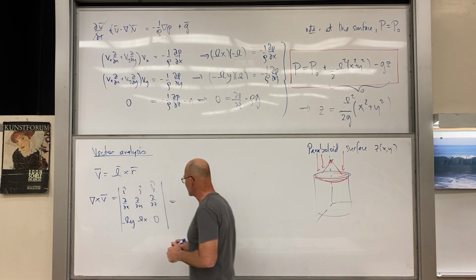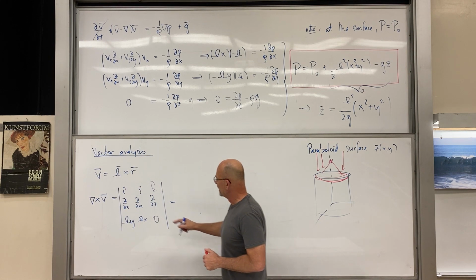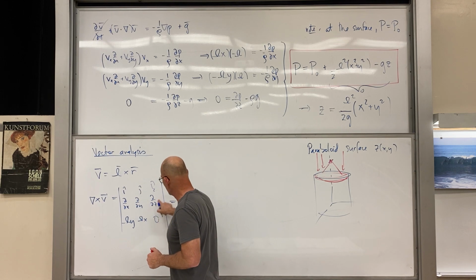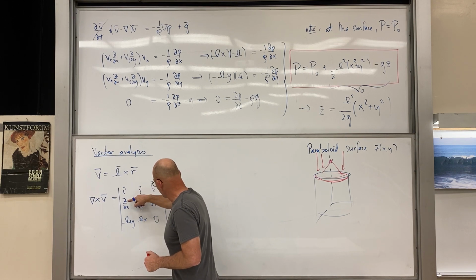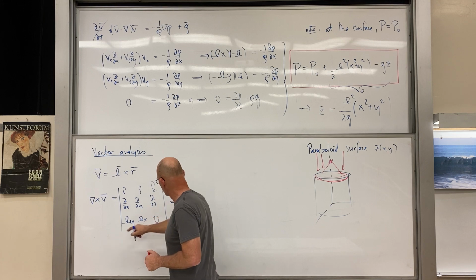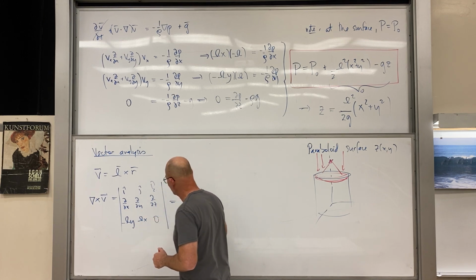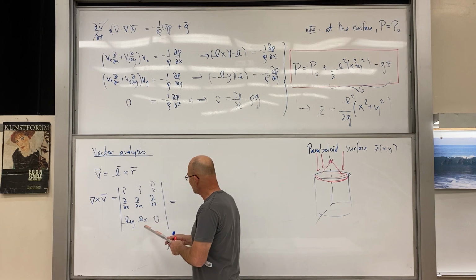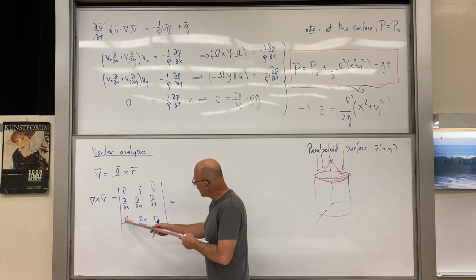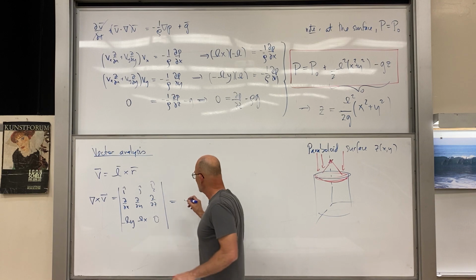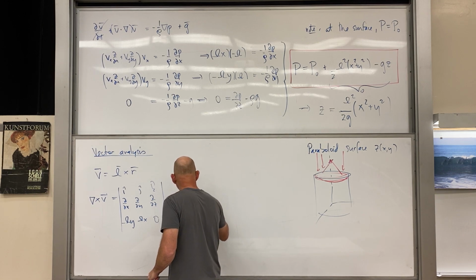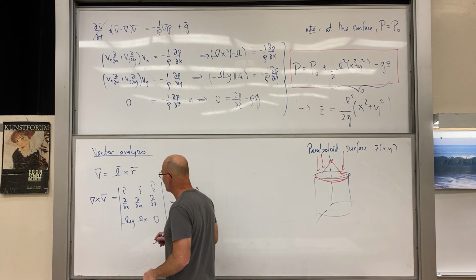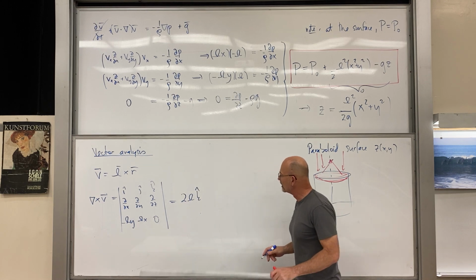Okay, so good. The curl of this: I hat, we've got a 0 and a 0. J hat, we've got a 0 and a 0. So it's just the k hat, and we have d dx omega x minus d dy negative omega y. So we just get 2 omega k hat. So that's the curl.